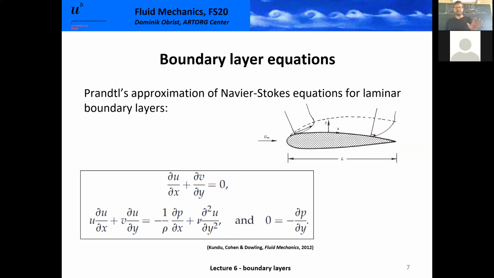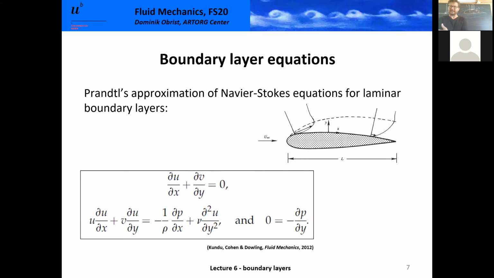And this is now really magic. This is really intuition, genius of Prandtl, that he came up with this equation, which are nowadays known as the boundary layer equations. If you look at them on the bottom, they look quite similar to Navier-Stokes equations, but he threw out quite a few terms.